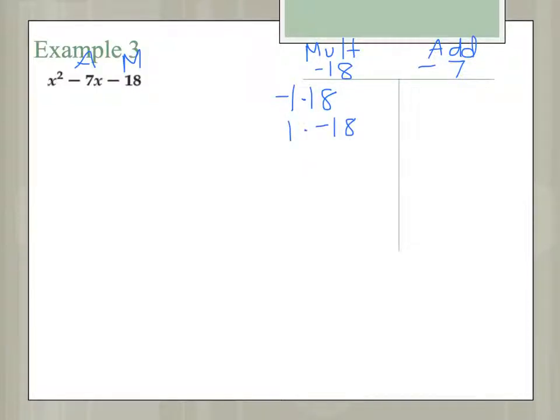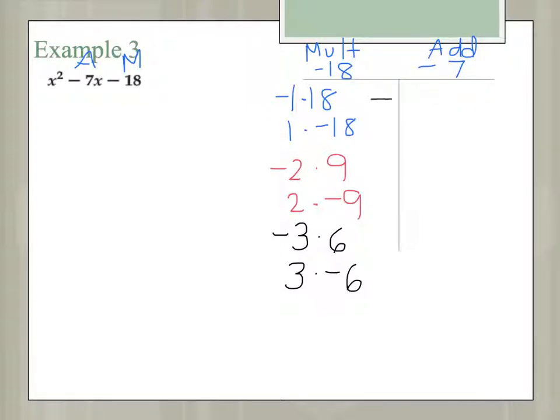I can do negative 2 and 9, or 2 and negative 9. And I can do negative 3 and 6, or 3 and negative 6. All these numbers multiply to give me negative 18.